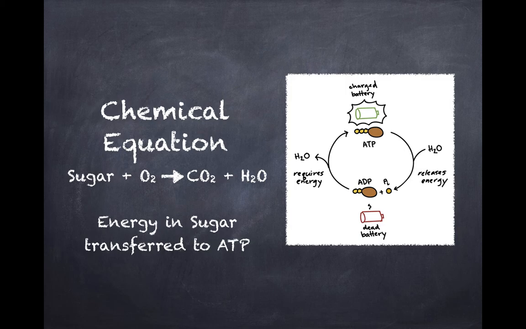So if we look at the chemical equation for respiration, we know that, again, we're not using all the complicated chemical formulas we did in class, but we basically have sugar, which I would have written as C6H12O6, and oxygen are going to combine to give you carbon dioxide and water. In addition to that, what you see up here, the matter, the energy that's in the sugar, some of it is going to be transferred to the energy that's in ATP.